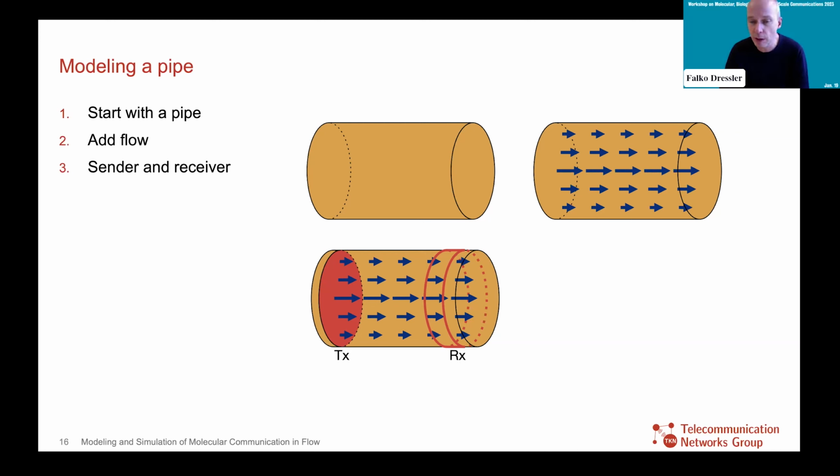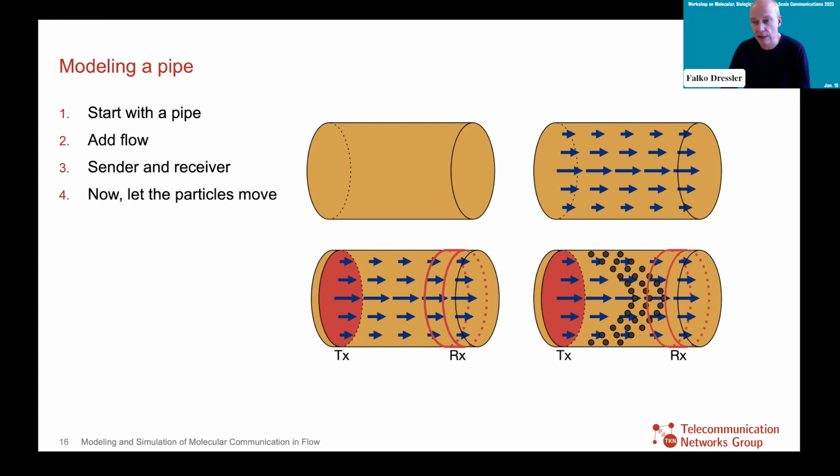You count particles at the receiver system. Counting allows you to identify the number of particles that are more in the center or more at the edge of the pipe. But in the end, it's a counter, and with this counter, you can later identify whether you are able to reach a certain signal threshold, so signal level, in our system.